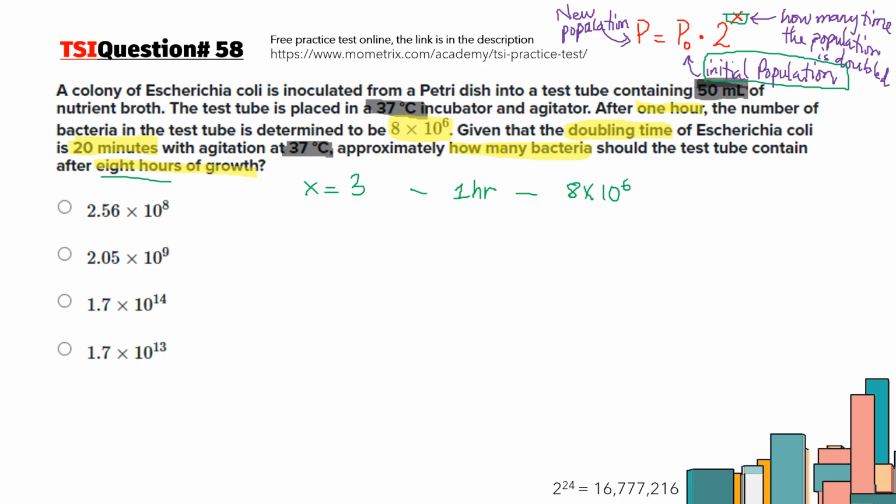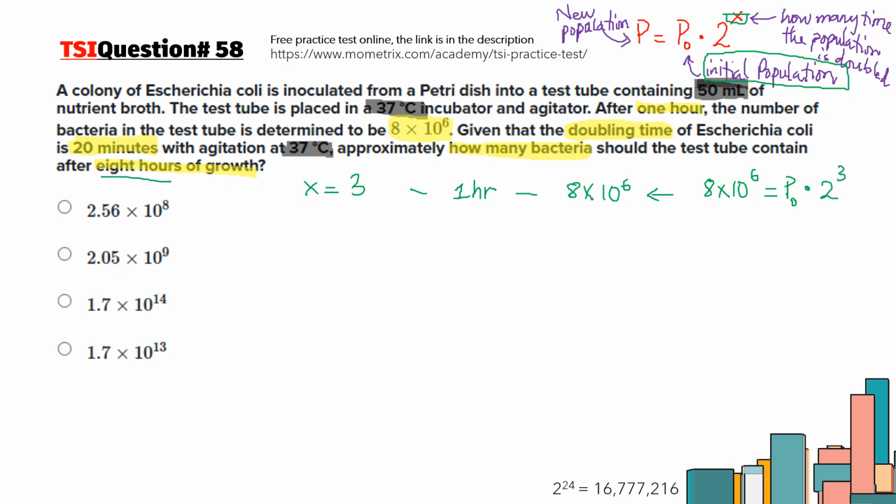So let's do this. This is the new population after 1 hour: 8 times 10 to the power of 6 equals P naught, the initial population which we don't know, multiplied by 2 to the power of 3.